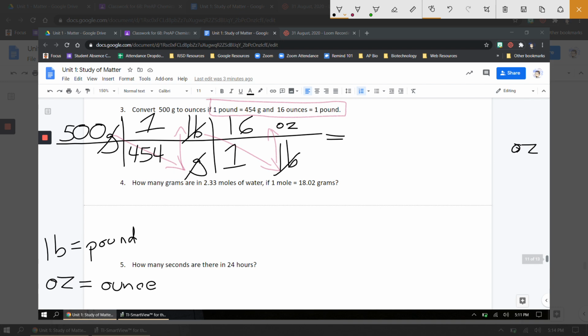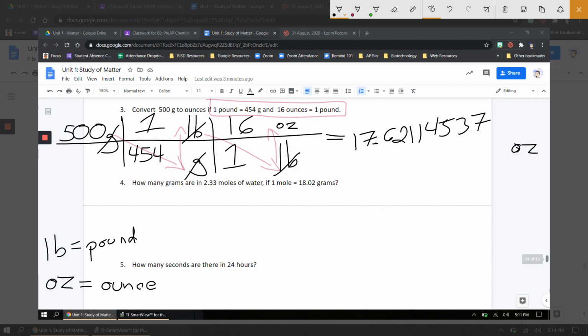I'm going to type in 500 times 1 times 16 divide by 454 divide by 1 equals. I did that in one step. No chance of making mistakes transposing to paper and then back into my calculator. It's a very long answer, which is 17.62114537. That's the number of ounces in 500 grams.